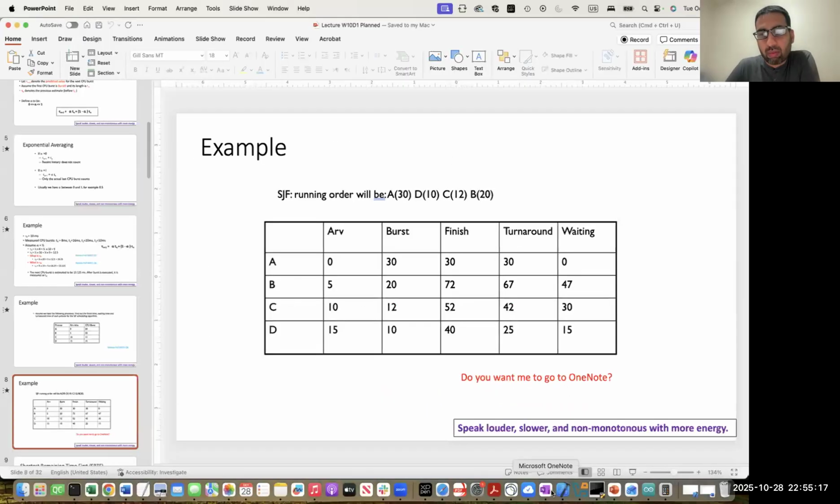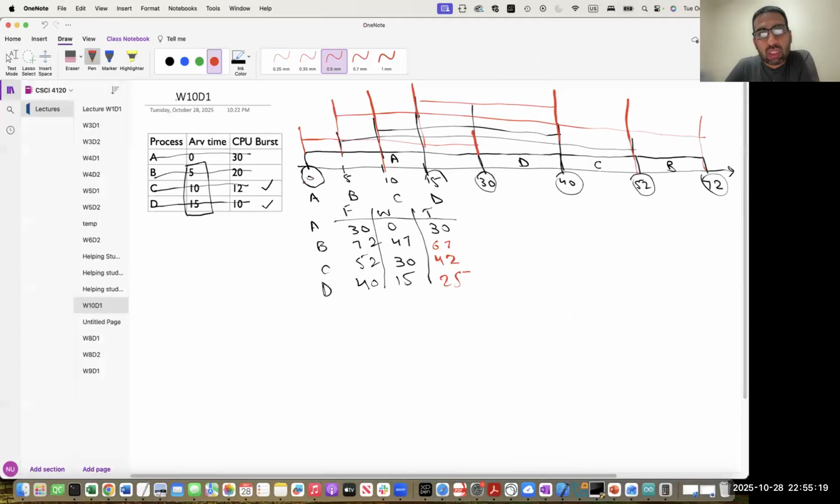What does it mean? For example, here in this figure, at 0 we said there is no other candidate, only A is the candidate, and we scheduled it for 30 time units, and it completed at 30. But between 0 and 30, other processes became ready.